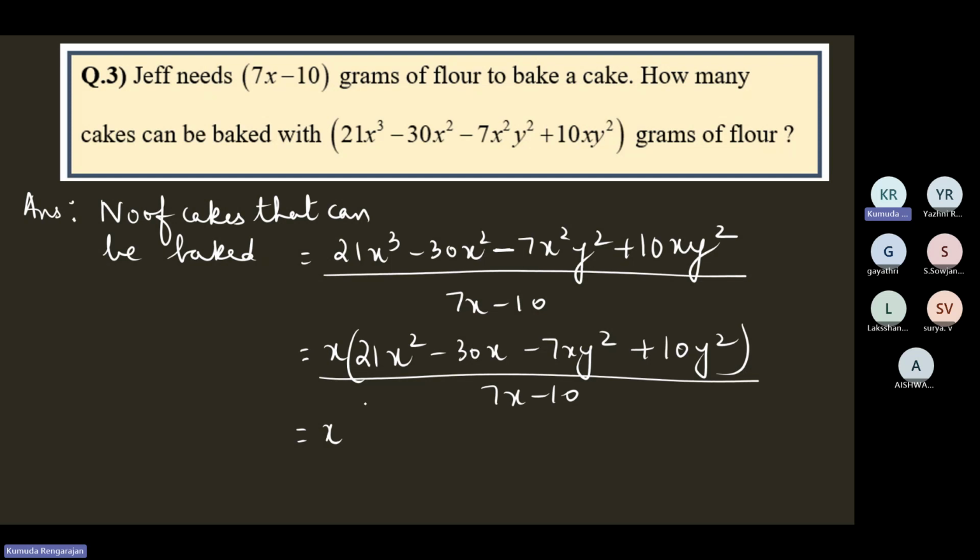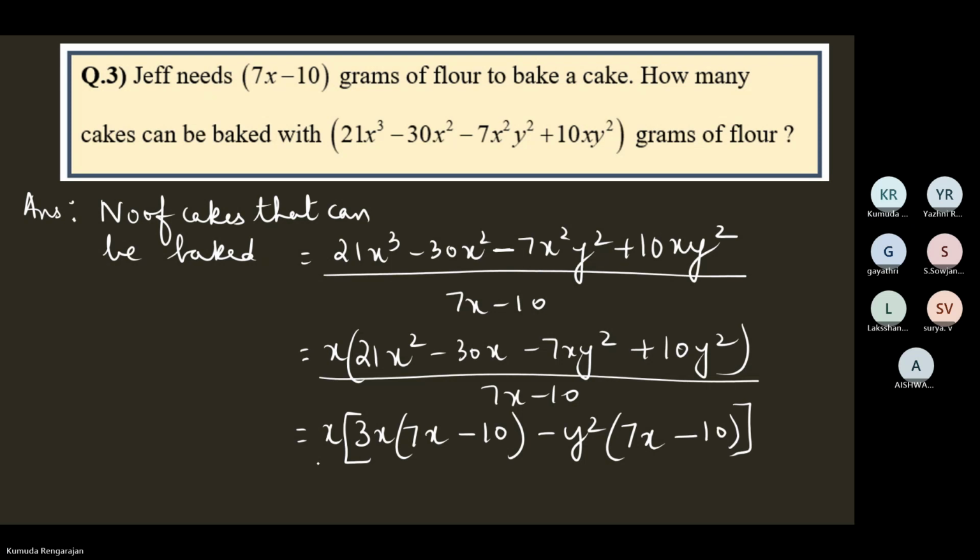Nothing is done with that. Inside the bracket, group the first two terms and the last two terms. So 3 common, 3x, 3 7s are 21, x minus 10, minus y square, 7x minus into minus is plus 10, divided by 7x minus 10.